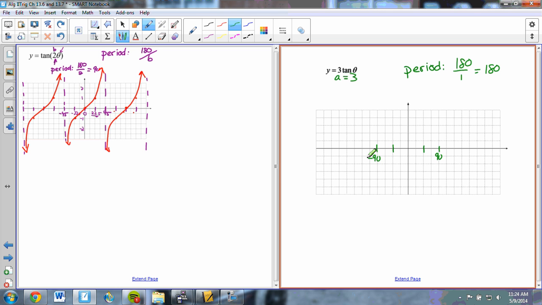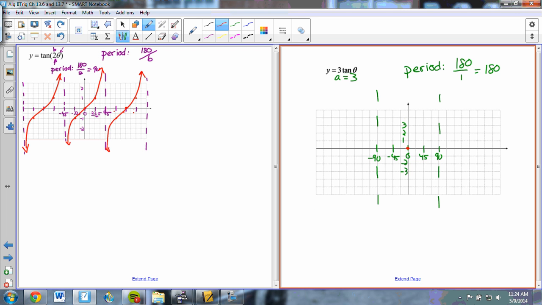Total distance there is 180. So this little guy is negative 45, and this little guy is 45. There's a 0. I'll go 1, 2, 3. Well, asymptotes are at 90. The tangent of 0 is still 0, and 0 times 3 is still 0. So this is going to be a 0 right here.